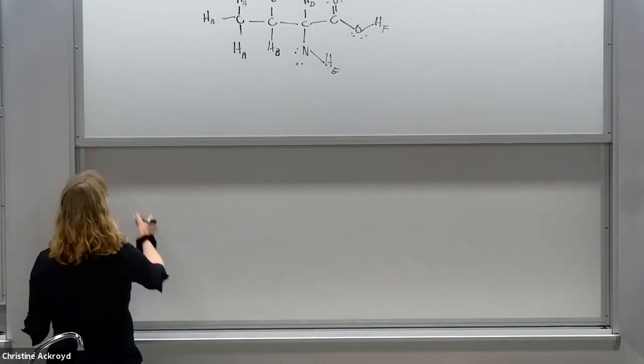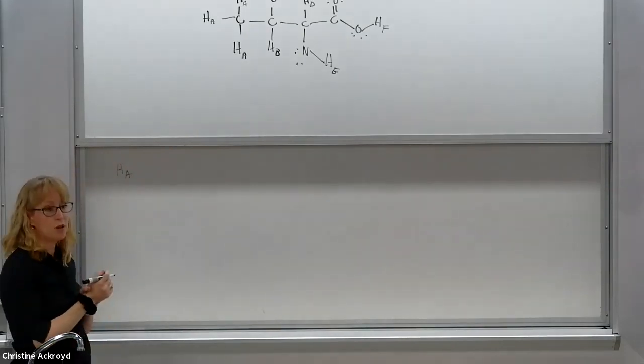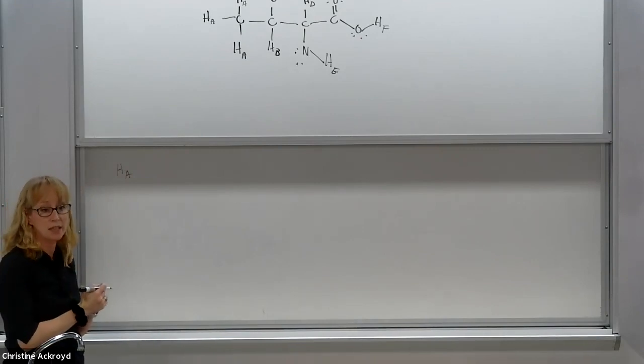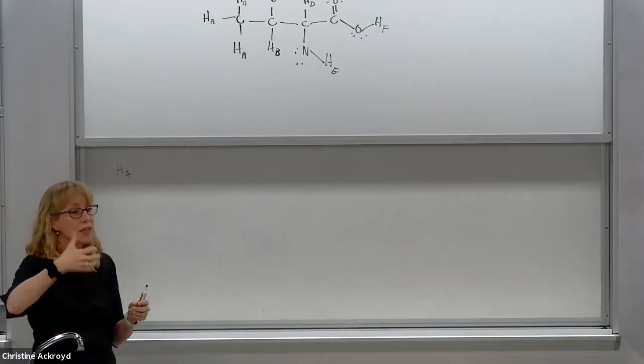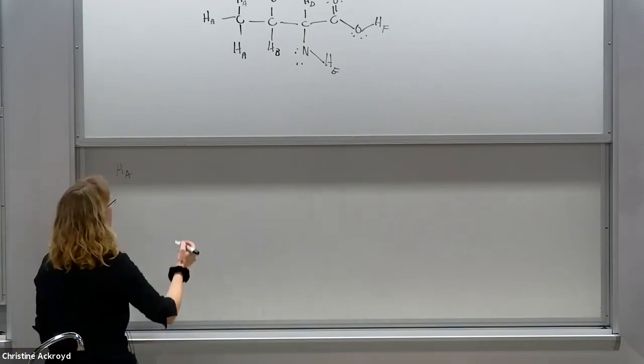Okay, so if we pull off proton A, what's going to happen to the electrons in the bond? Because we're pulling the nucleus away without its proton, without its electron. So what happens?